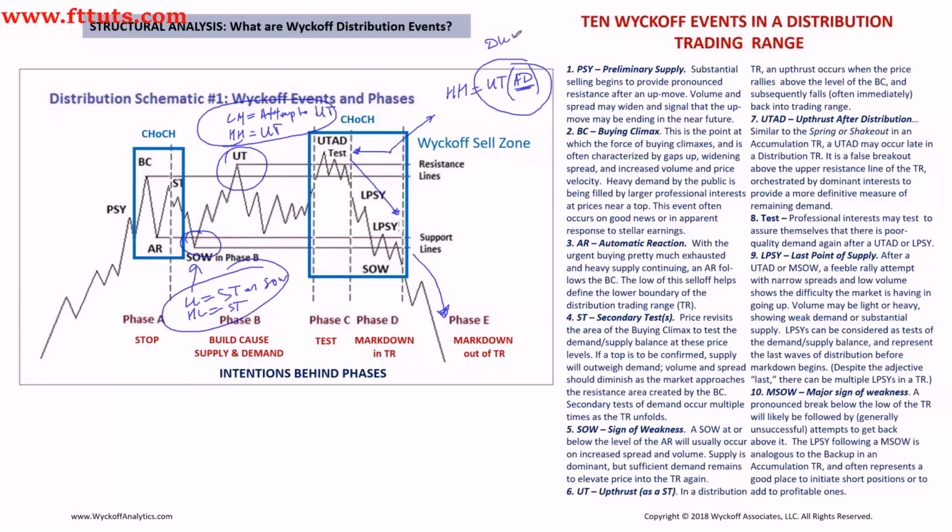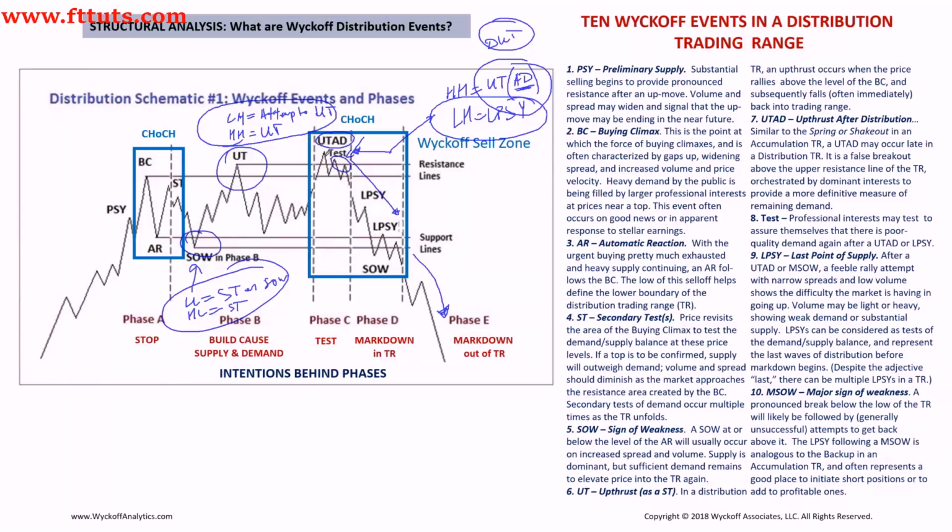That's what I would probably say, like DUT, something like that. An upthrust after distribution could also be tied with tests, or multiple tests that attempt to go up. And then a lower high in phase C will be labeled as a last point of supply.